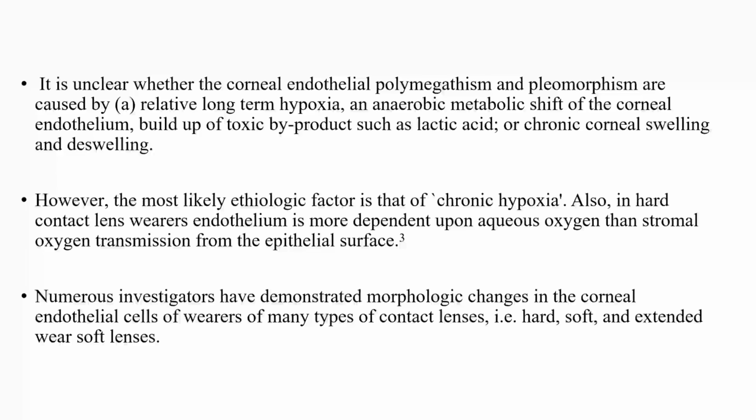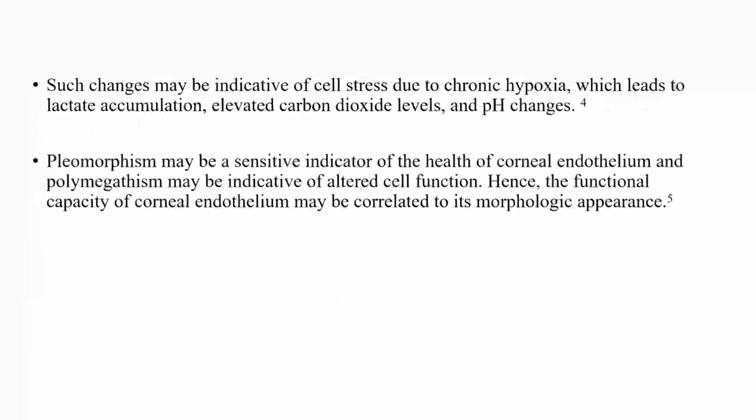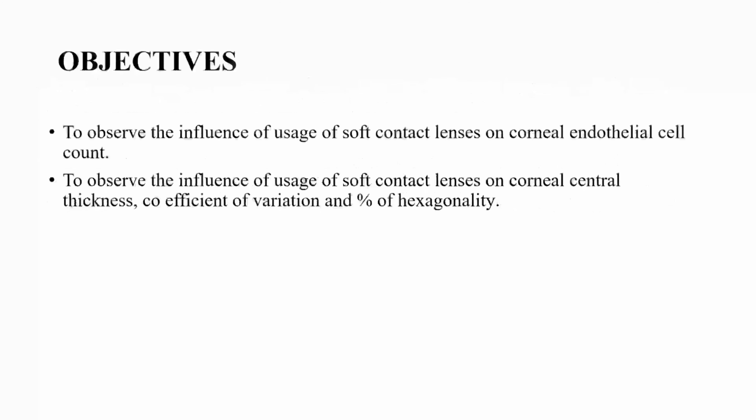Numerous investigators have demonstrated morphological changes in the corneal endothelial cells of wearers of many types of contact lenses, that is hard, soft, and extended wear soft lenses. Such changes may be indicative of cell stress due to chronic hypoxia, which leads to lactic accumulation, elevated carbon dioxide level, and pH changes. Now, polymorphism may be a sensitive indicator of the health of the corneal endothelium, while polymegathism may be an indicator of altered cell function. Hence, the functional capacity of corneal endothelium may be correlated to its morphological appearance.